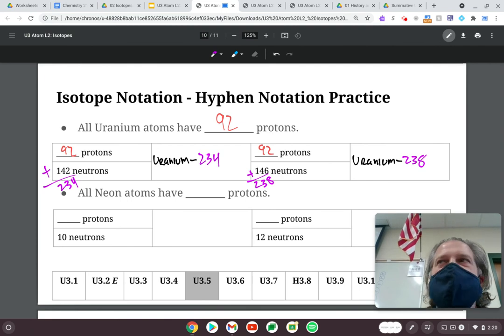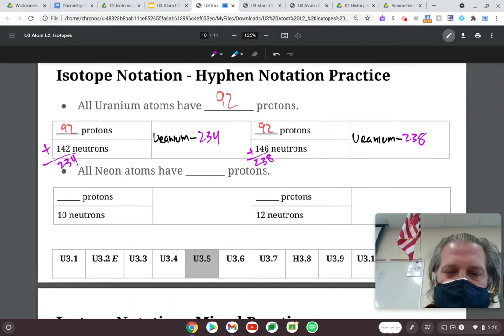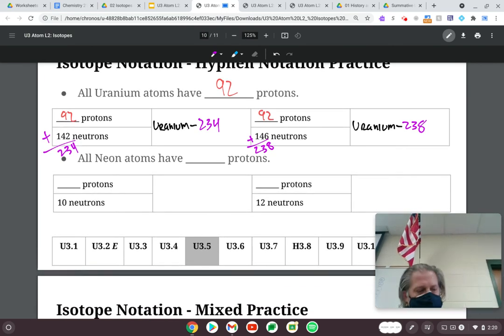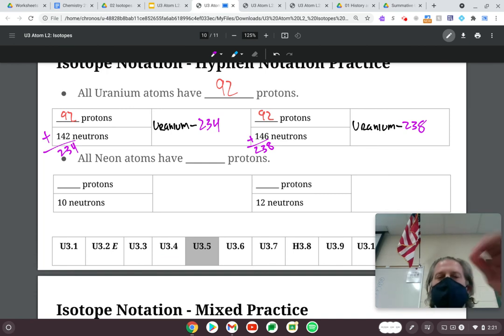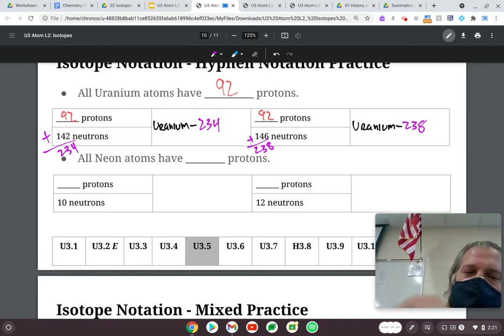All right. Now, you try neon, which is a much smaller element. Go ahead and locate neon.